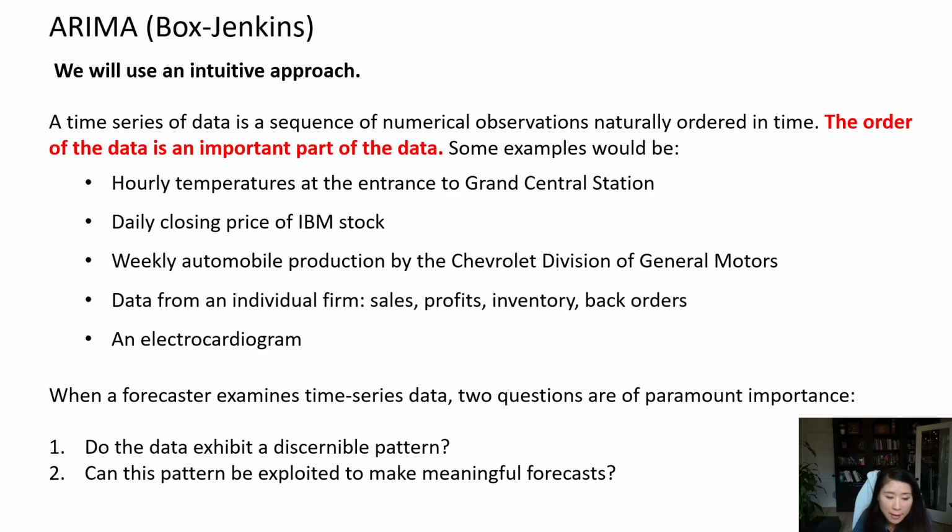And also an electrocardiogram, which of course is ordered by time as well. So this is one very important requirement to consider when you want to use the ARIMA model: the data itself has to be time series data. To define whether it is time series data or not, you just need to understand the data collected. Are they ordered by time?